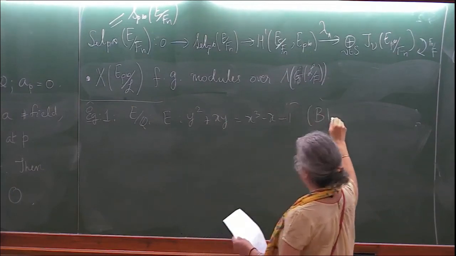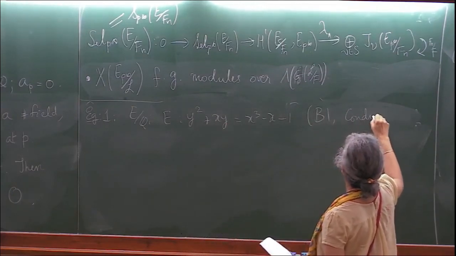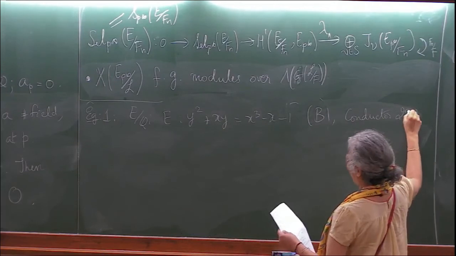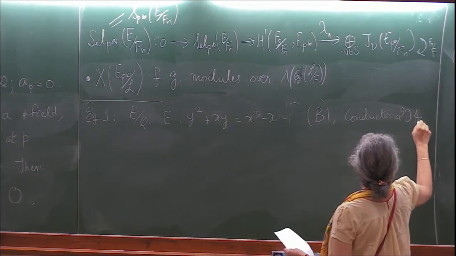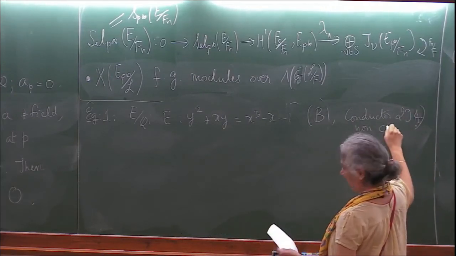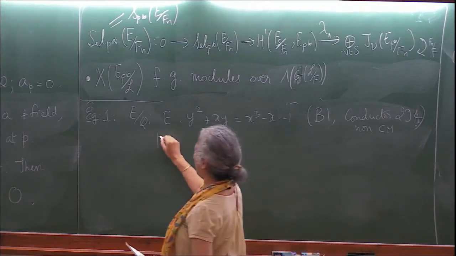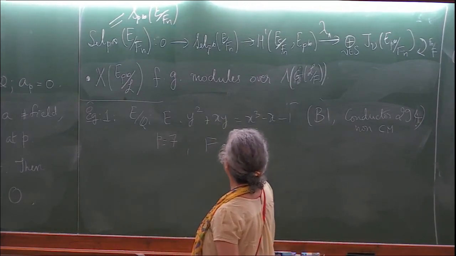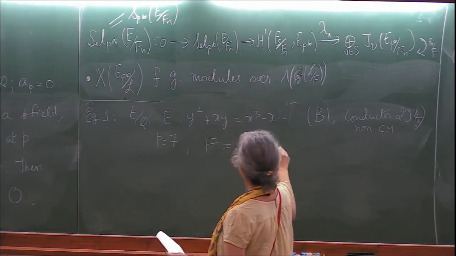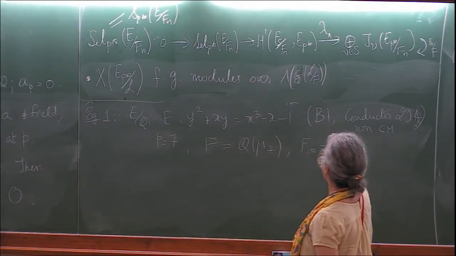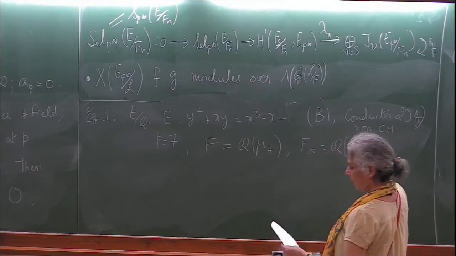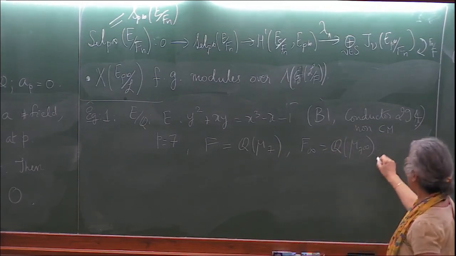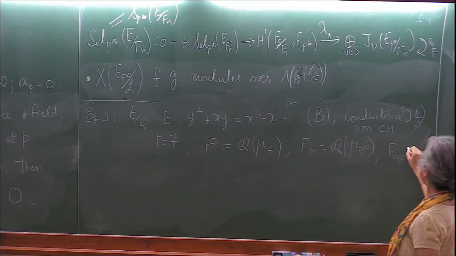This is B1 in Cremona's tables, conductor 294, no CM. So it's really a non-commutative context. And then we take the prime p equals 7. We take the base field F to be Q(mu_7). And then F infinity is a trivializing extension, Q(mu_7) infinity. And F cyclotomic is the Z_7 extension.